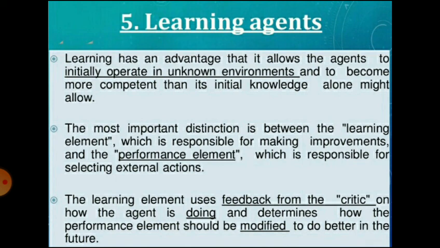The most important distinction is between the learning element, which is responsible for making improvements, and the performance element, which is responsible for selecting external actions. The learning element uses feedback from the critic on how the agent is doing and determines how the performance element should be modified to do better in the future.